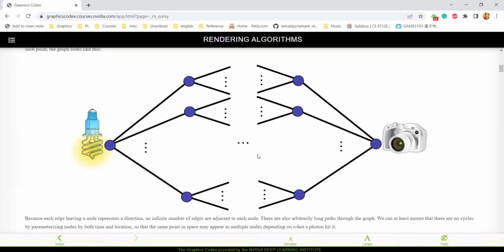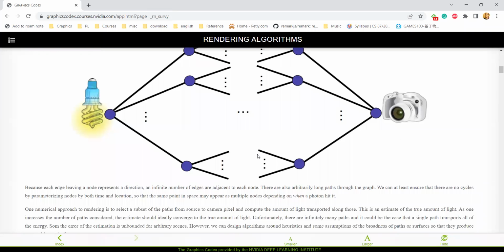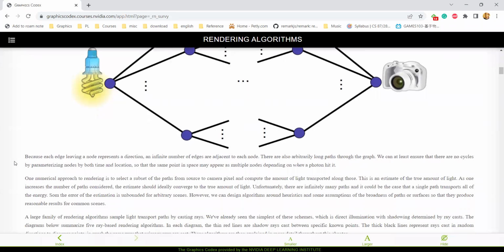Yeah, and the next paragraph explains how there's an infinite number of edges. And so that graph is basically showing how there's an infinite number of bounces per bounce, and it recurses infinitely. Yeah, an infinite number of edges are adjacent to each node.